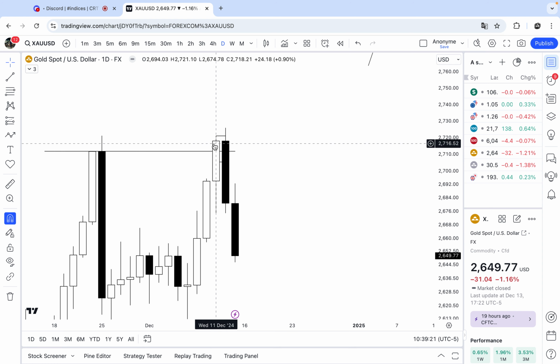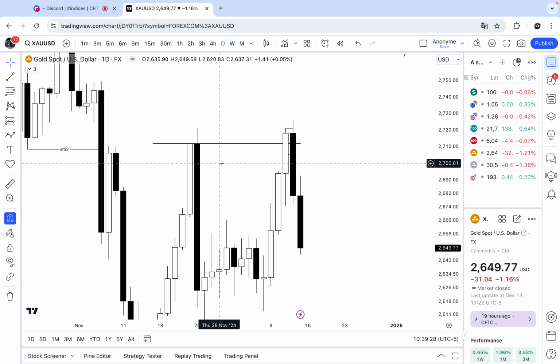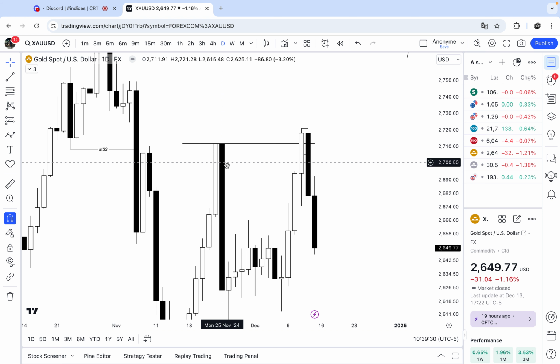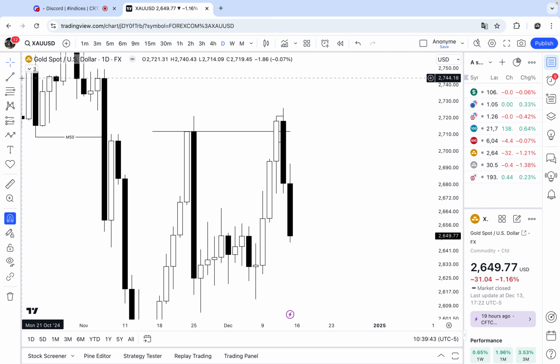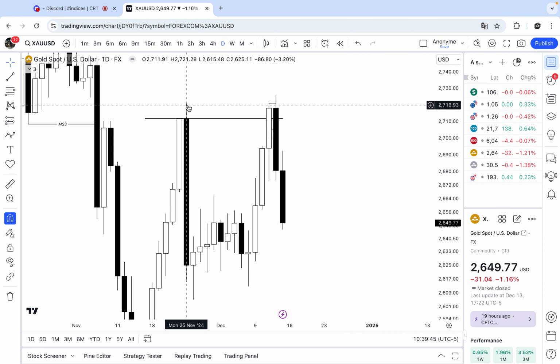That was yesterday, so that was not the CRT. When you look at reversals, as you can see, we took out the daily CRT right here. I showed you guys on my drawn liquidity channel.